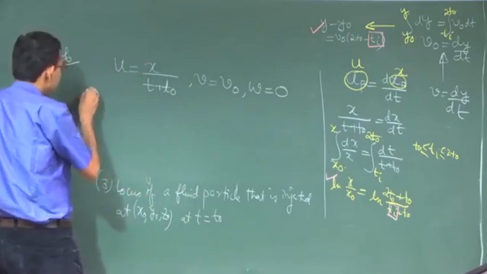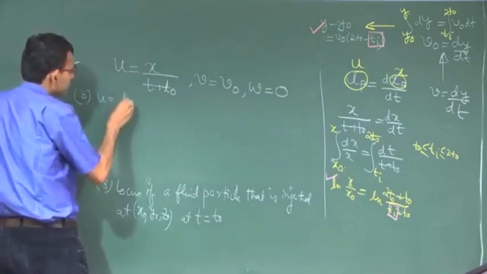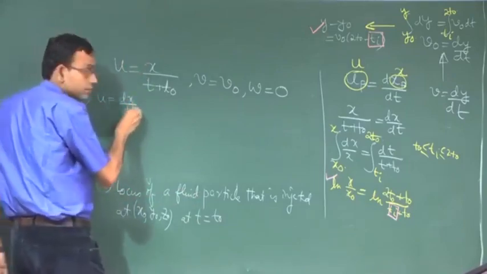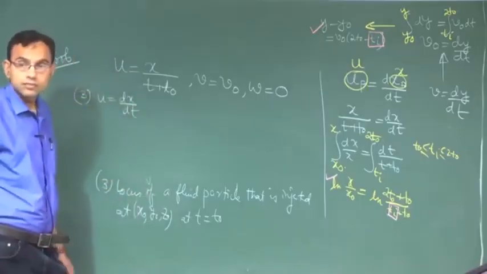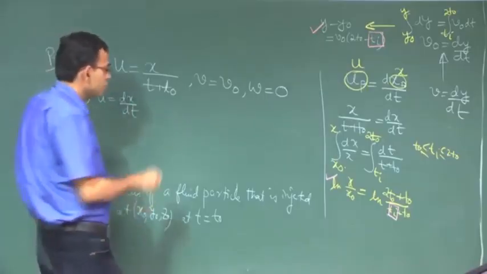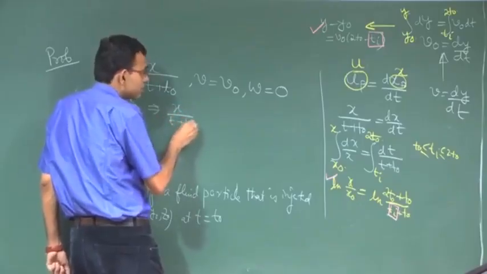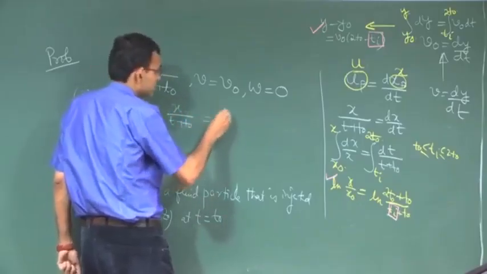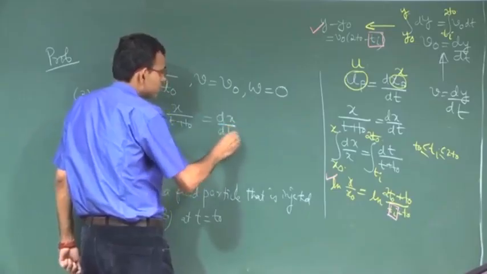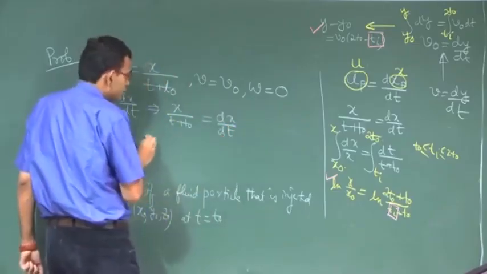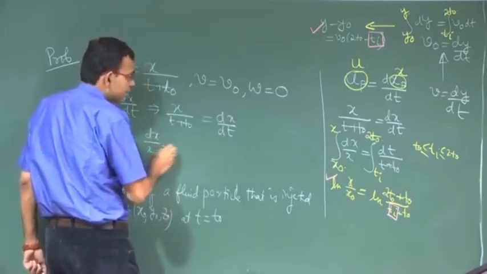So, the third part, x by t plus t0, integrate it, so dx by x.